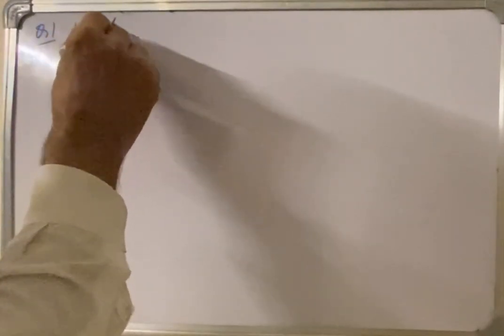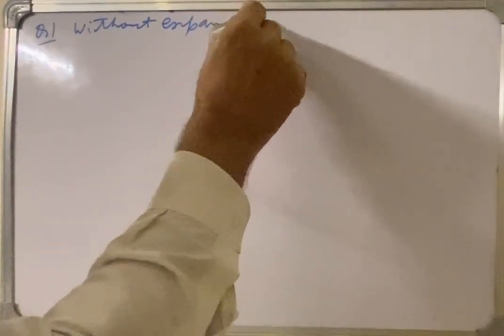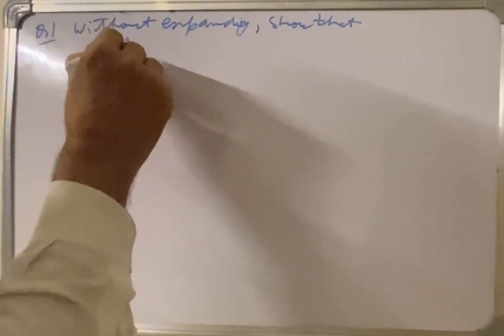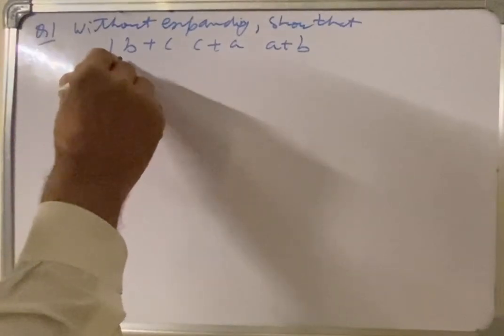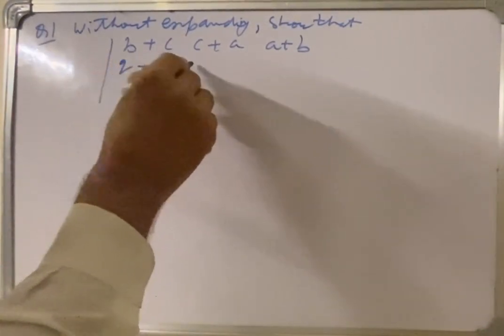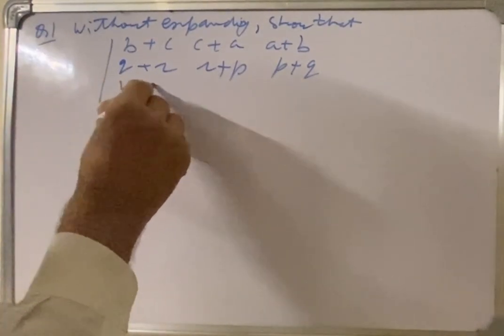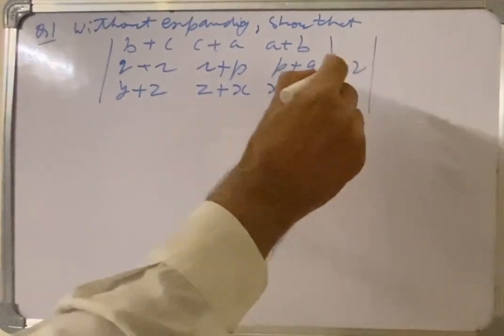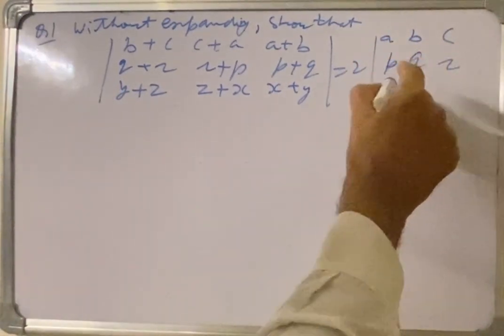First question: without expanding, show that the determinant with first row b plus c, c plus a, a plus b, second row q plus r, r plus p, p plus q, third row y plus z, z plus x, x plus y is equal to twice the determinant with first row a b c, second p q r, third x y z.